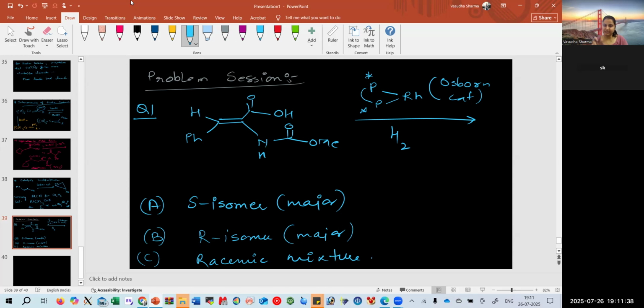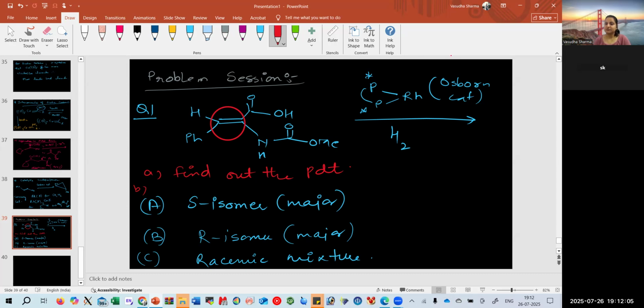First, you understand the mechanism of what is our target. This is the substrate and this is the alkene, which is going to be reduced. So first, you find out the product. And the second part of the question is whether the product is going to be the S isomer as major, R isomer as major, or there would be 50-50% of both of them, making a racemic mixture.